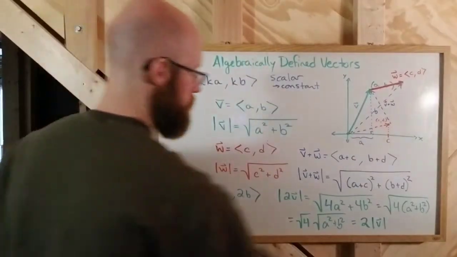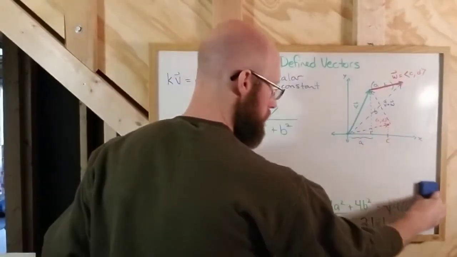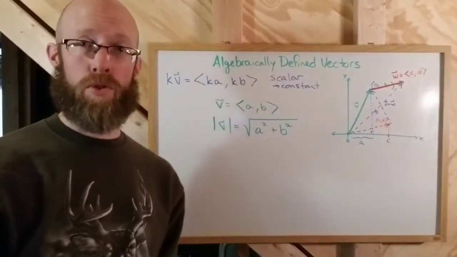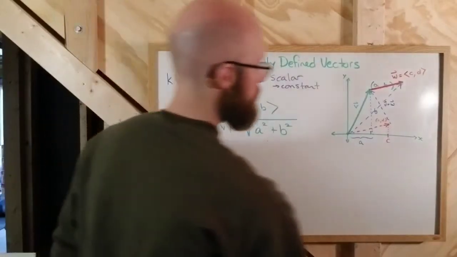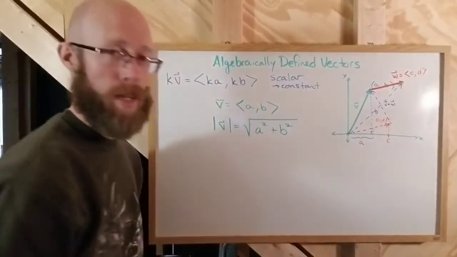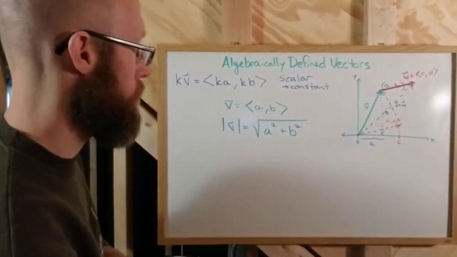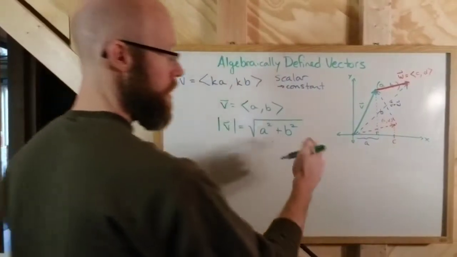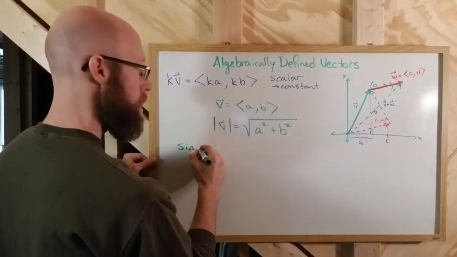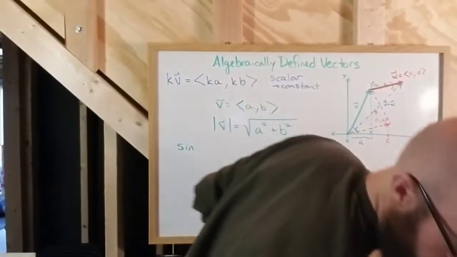And now there's some other interesting features. If I go back to this vector v, I can start to incorporate some trigonometry here. So if you just focus in on my original right triangle that I drew in, vector v, if I throw in some trigonometry here, what do we usually call this angle?